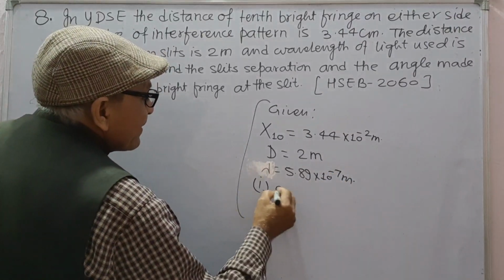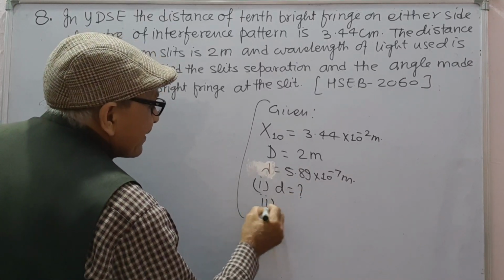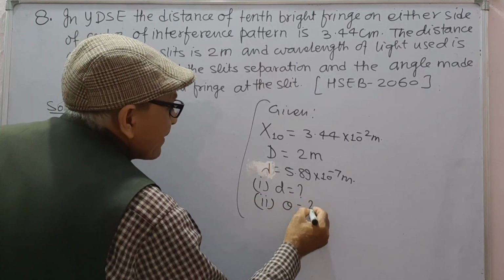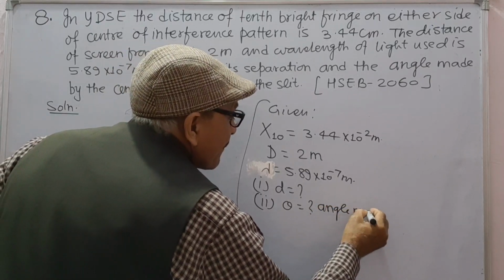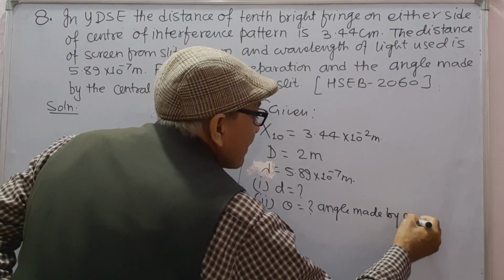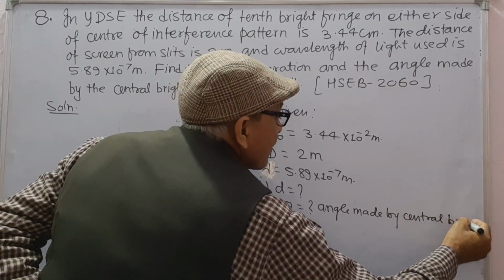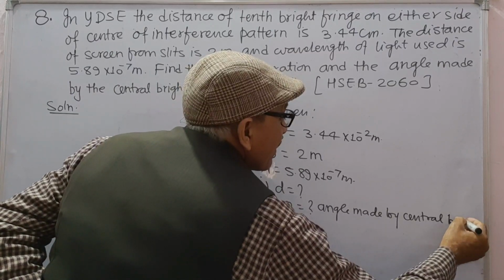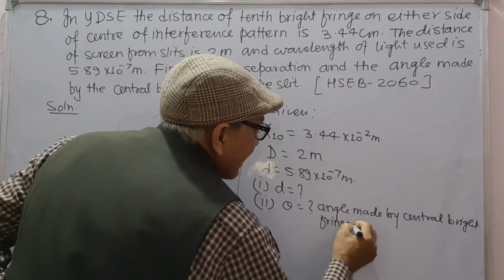First we have to find slits separation and second, angle made by central bright fringe at slits.